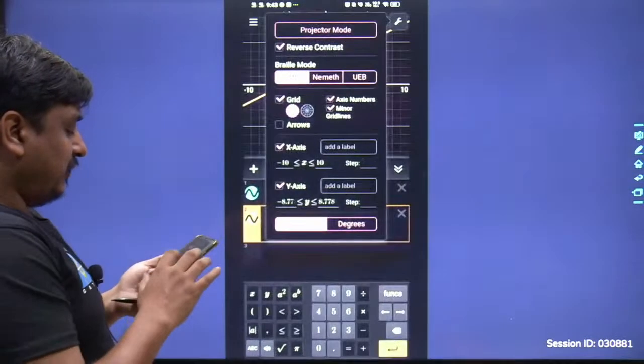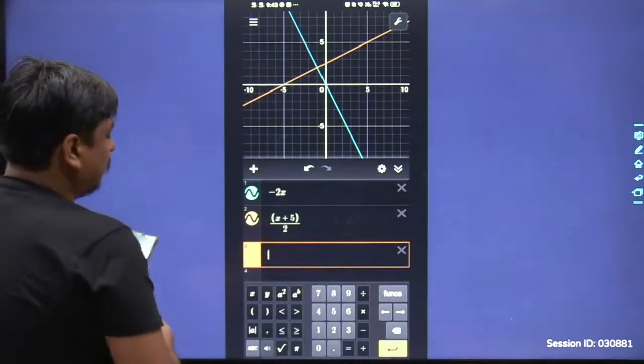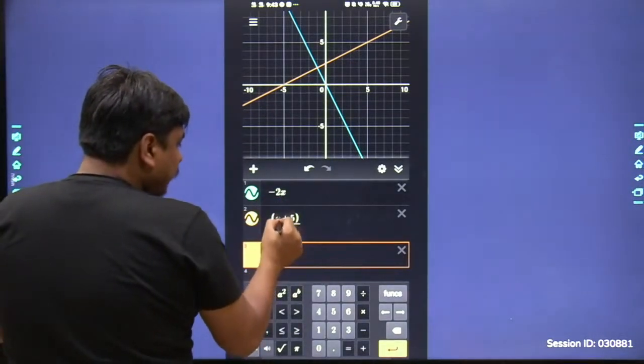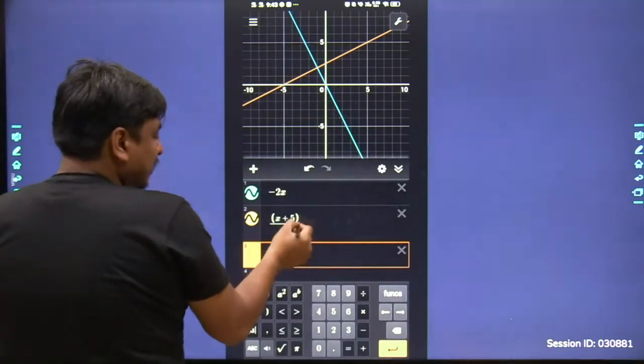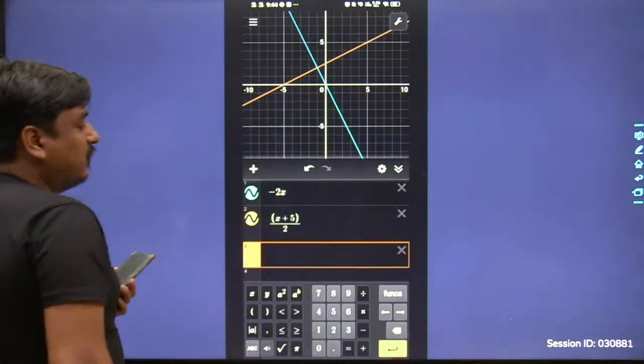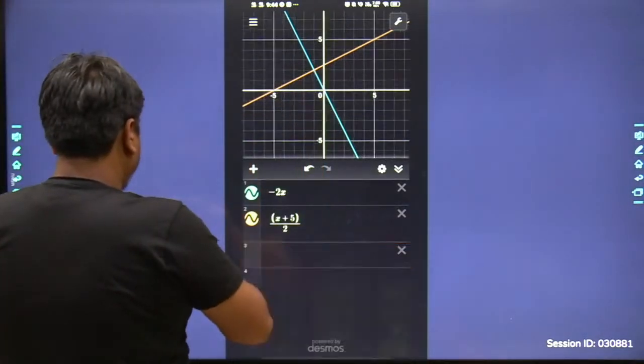So what I did, my dear friends, you can see over here, I had the two curves. You yourself would be able to understand. This is minus 2x, and that is x divided by √2 plus 5 divided by √2. This was the calculation which I wanted to carry out. Once you see their curves, you yourself would be able to understand.